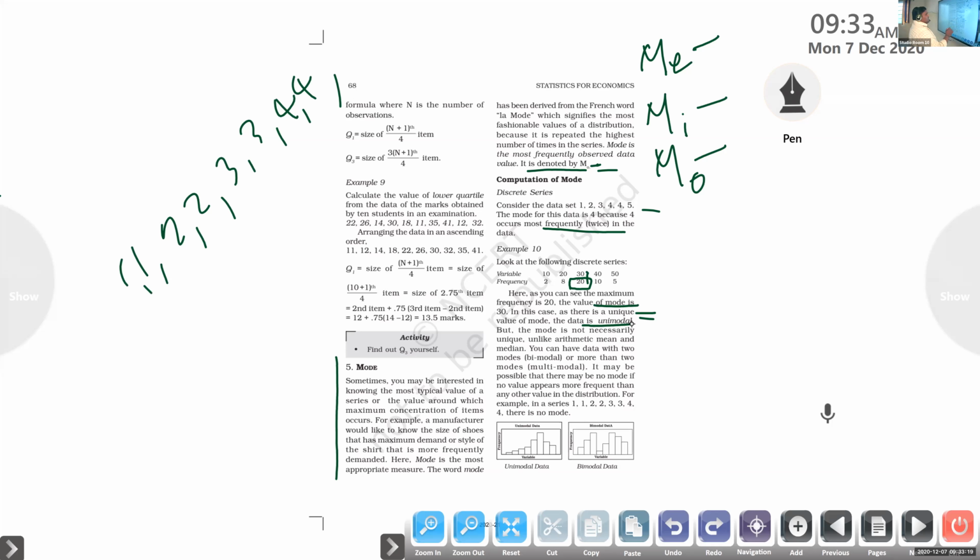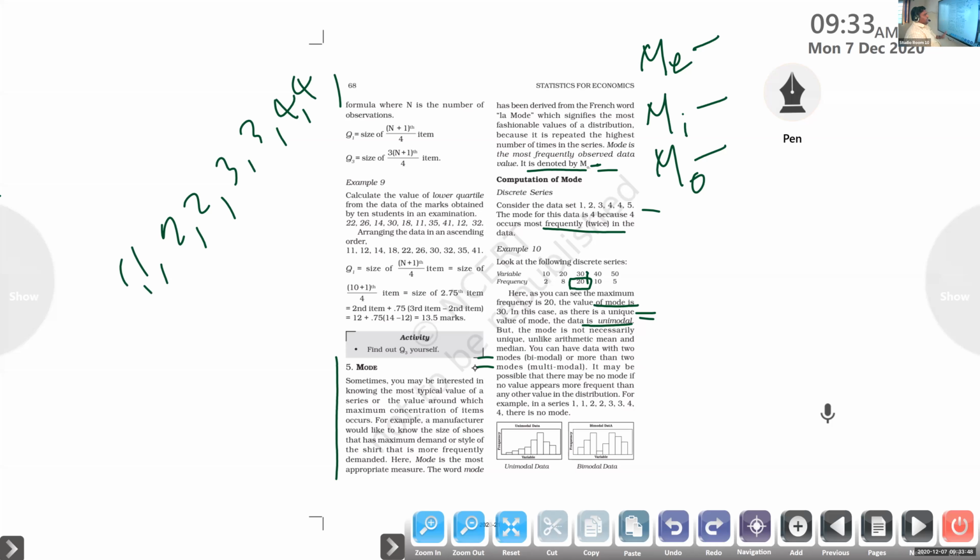If two modes are there, we can say it is bimodal, and more than two modes is called multimodal. There may also be no mode if no value appears more frequently than any other value in the distribution. For example, in the series 1, 1, 2, 2, 3, 3, 4, 4, there is no mode. Is that clear?